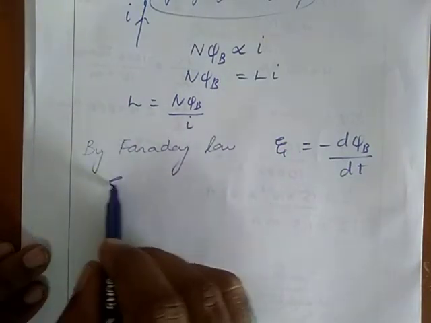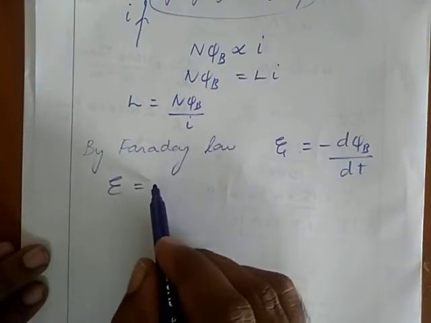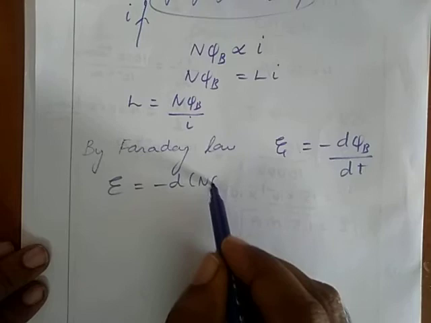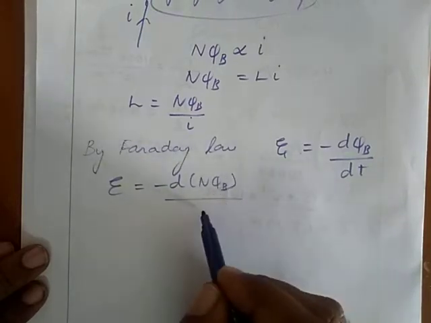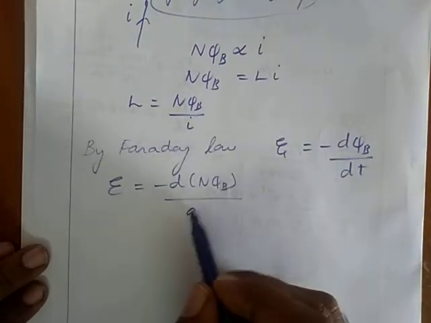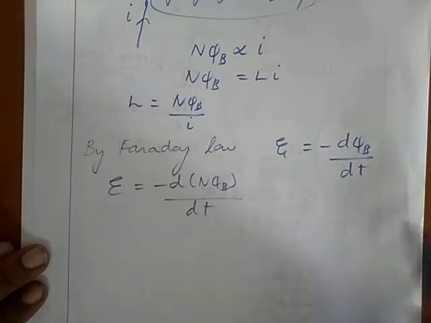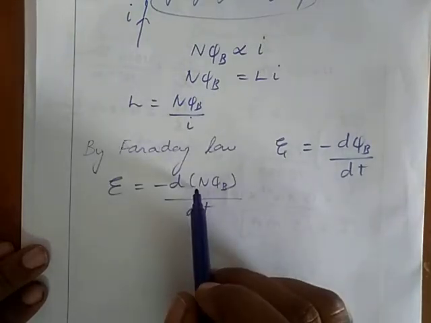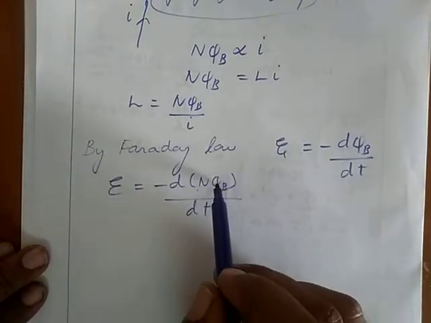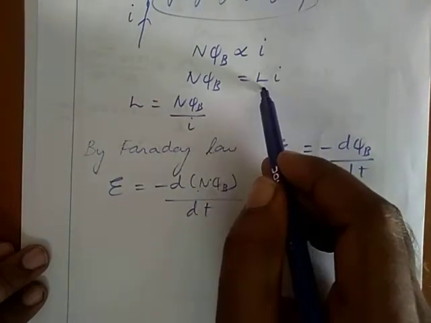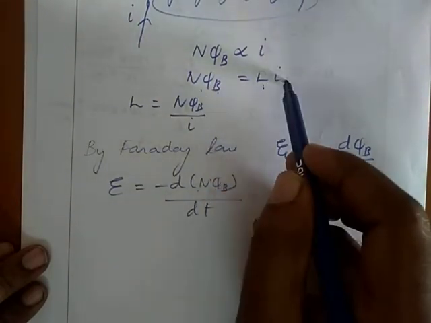We can write psi is equal to minus d N phi B by dt. We can also write this as Li, because N phi B is equal to Li.